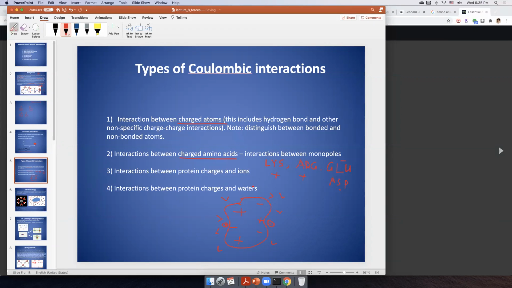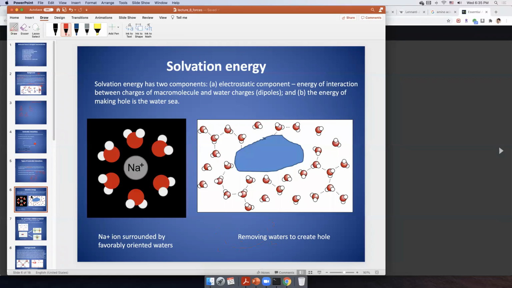So water is neutral. However, water is very special. It's quite different from any other gas molecules because water is very polar. So that's the Coulombic interaction. Now let's see solvation energy. There are 2 types of solvation energy.